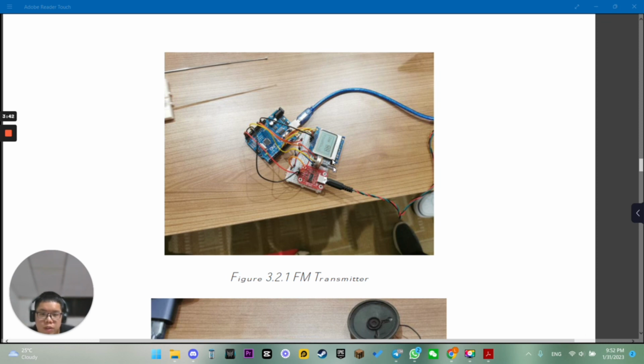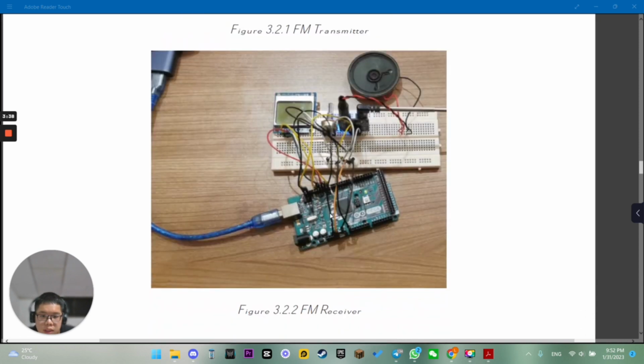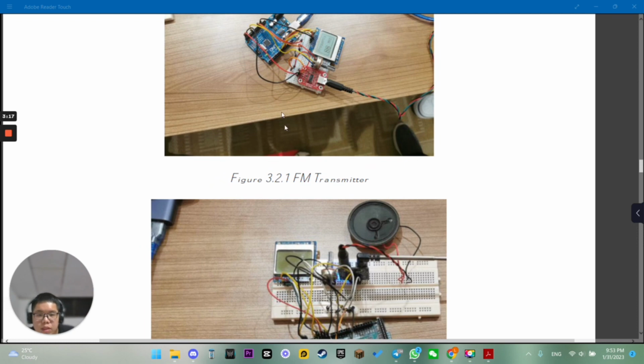The display is showing the frequency that we use, and this is our Arduino board. And here is our receiver. The receiver will receive the signal from the transmitter, and this speaker will produce the signal that we receive. We play the music, and with the potentiometer, we need to set the same frequency so it can transmit the wave.